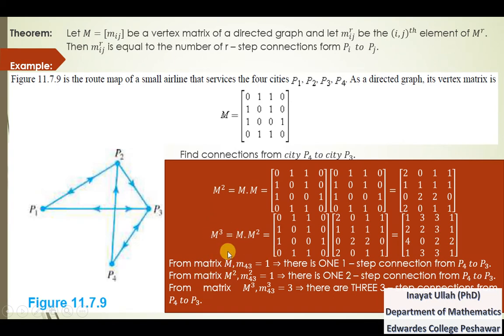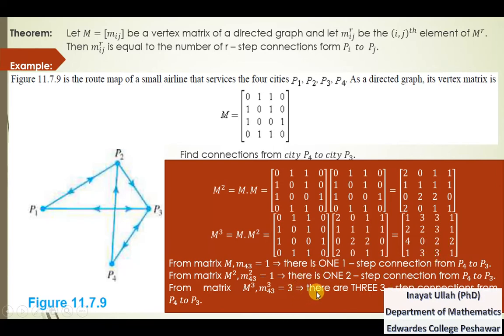Similarly, from M cube, you need to find M43 of M cube, fourth row and third column. So M43 of M cube is 3.